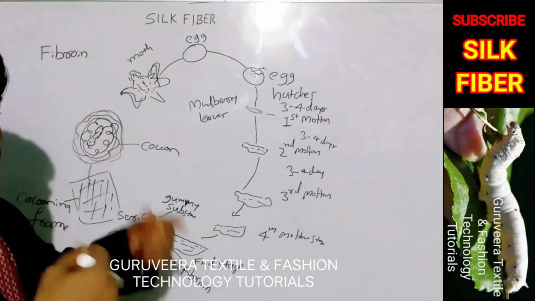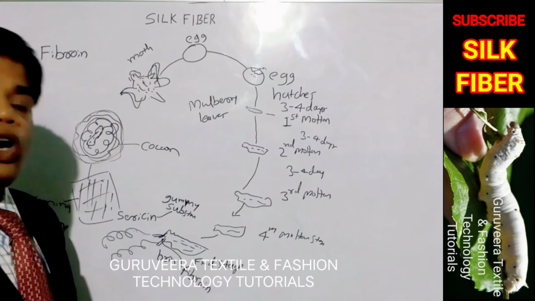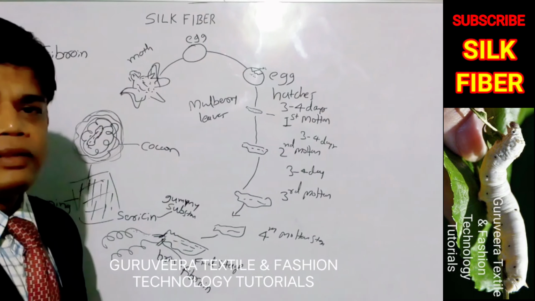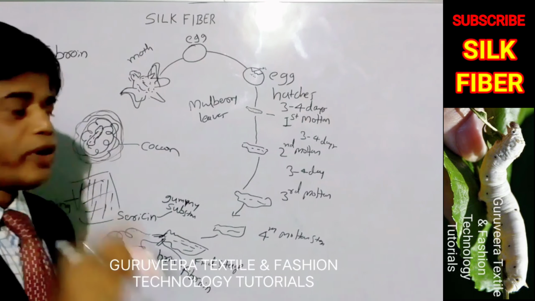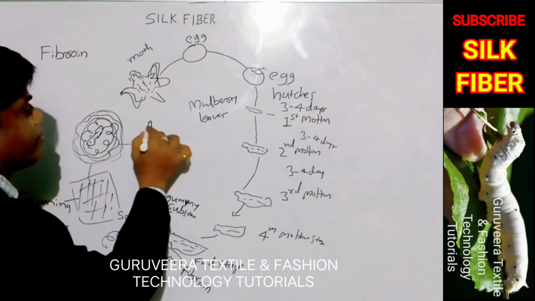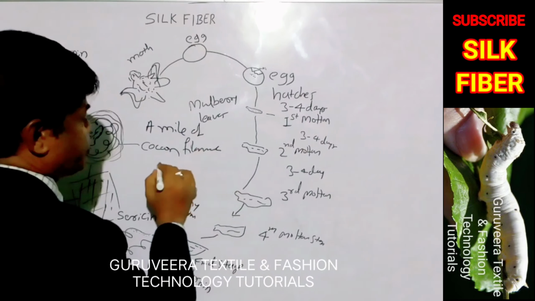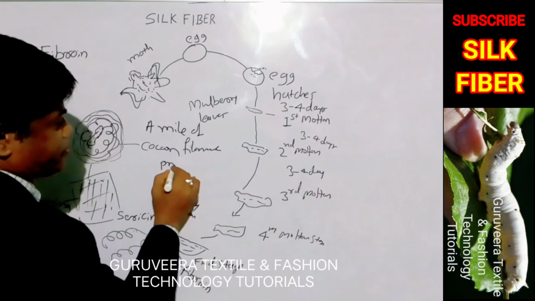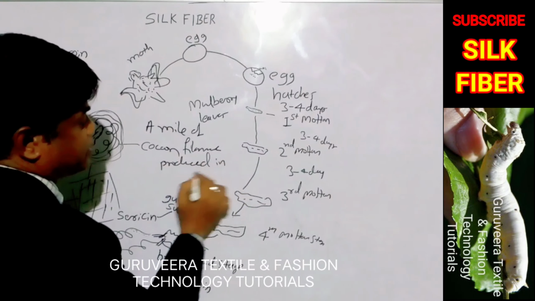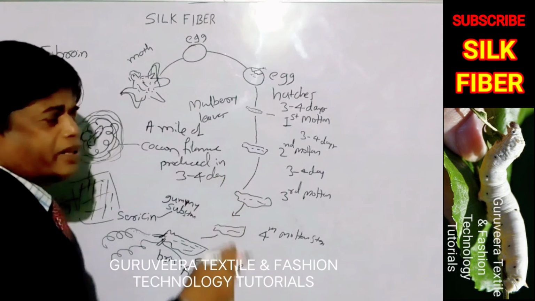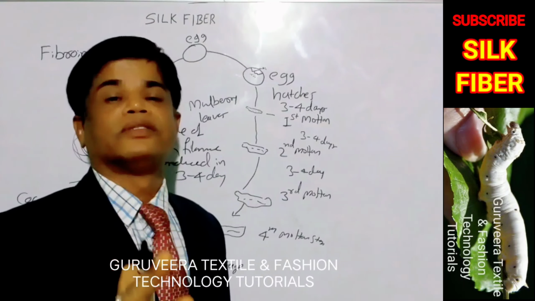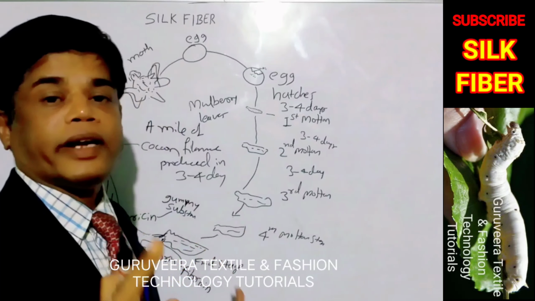How much filament is it making? In 3 to 4 days, it makes a mile of filament. Within 3 to 4 days, a mile length of filament is produced by a single larva.